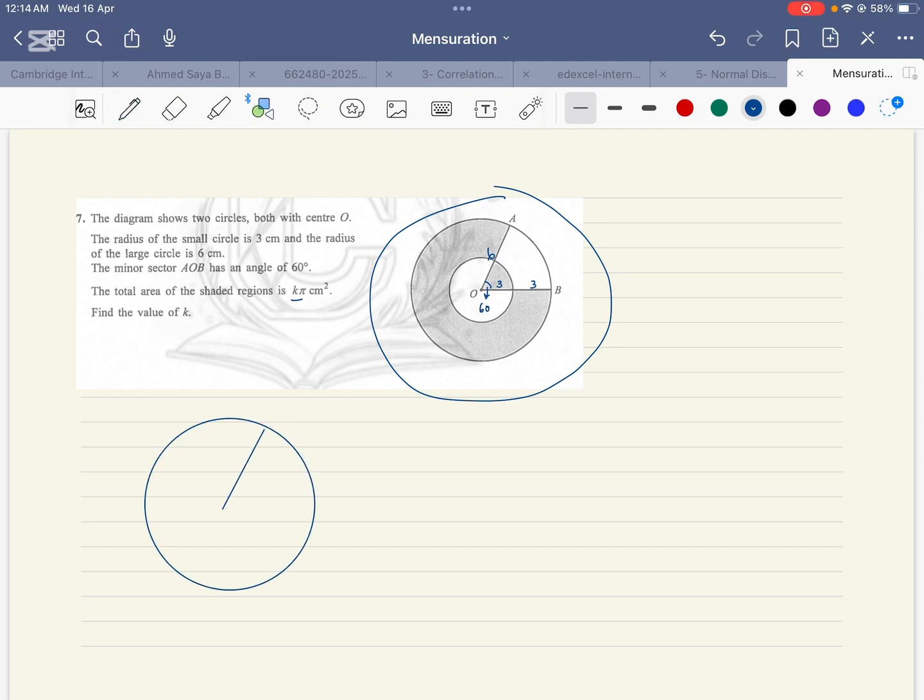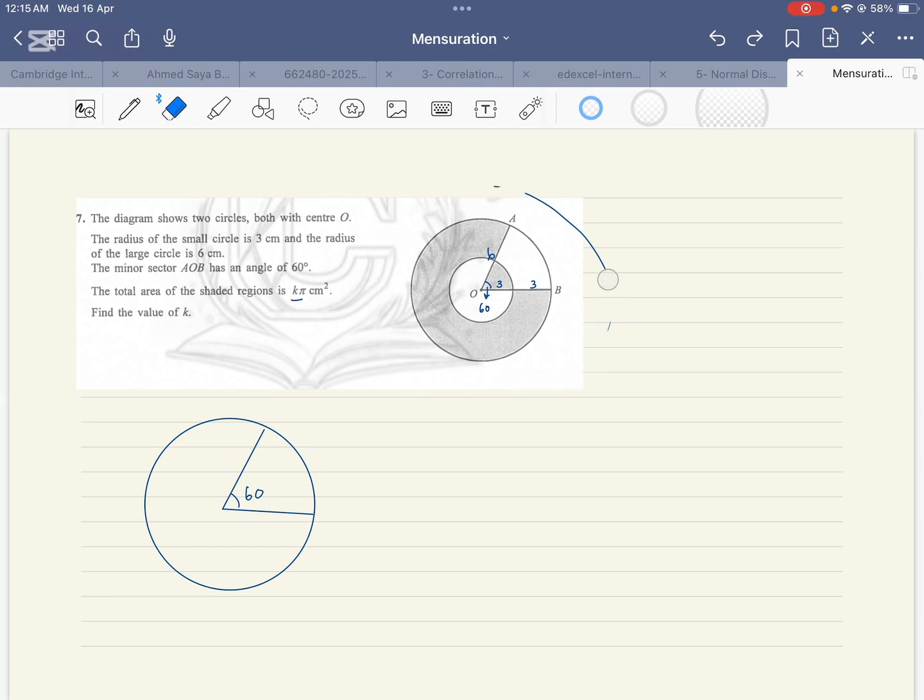If we take out the entire pizza slice with angle 60 and radius 6 from the bigger circle, we get this part, including this middle part which is unshaded, right? This is what we do for the bigger circle. So let's first do stuff with the bigger circle and later on we will see what we are going to do with the smaller circle.